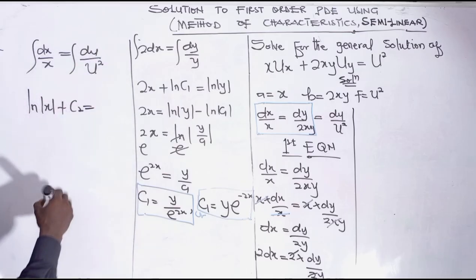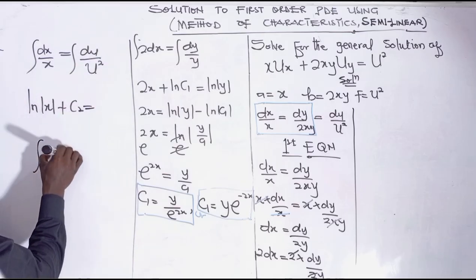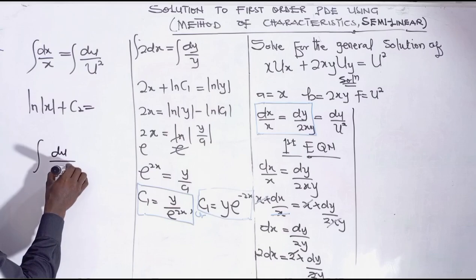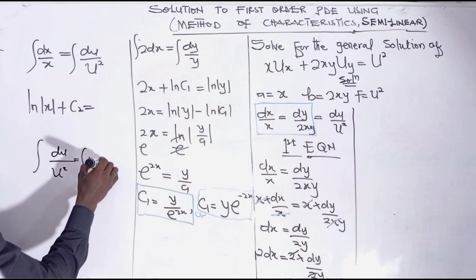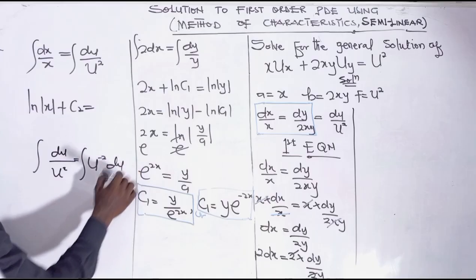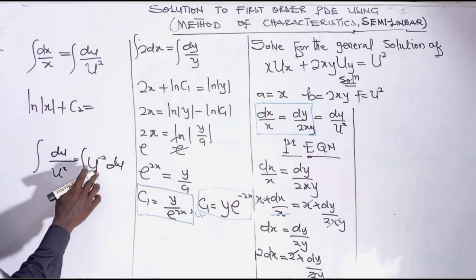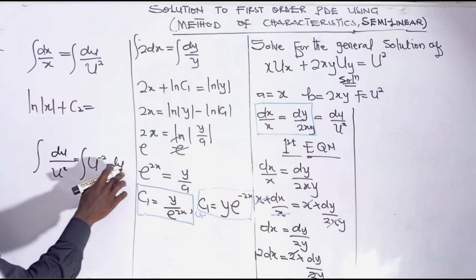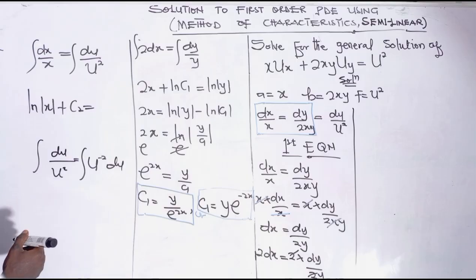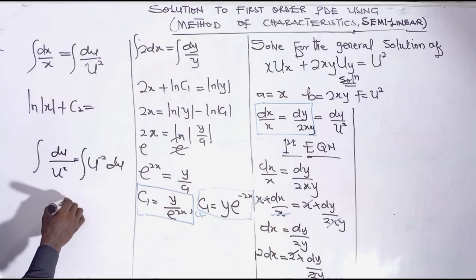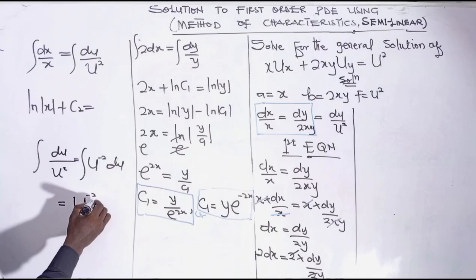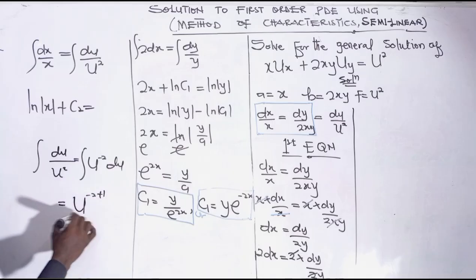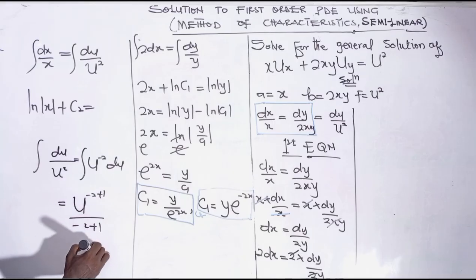And then when we integrate the 1 all over u squared, we can write this as the integral of u exponent negative 2 du. I believe you agree with me. And since we are integrating u with respect to u, we are going to apply our basic integration. We are going to have u exponent negative 2 plus 1 all over negative 2 plus 1.